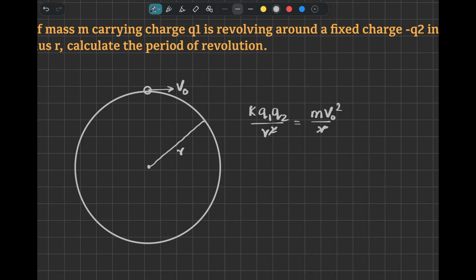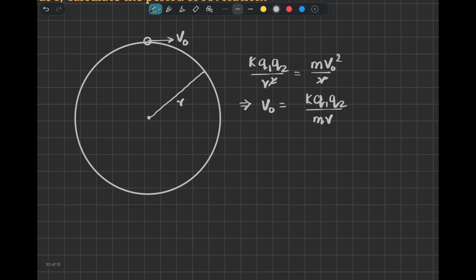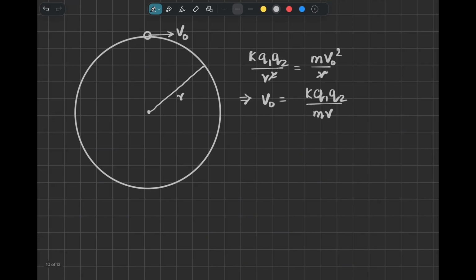So from here R gets cancelled out. I get V naught to be root of K Q1 Q2 by mR. So this is V naught. Now for time period of revolution, the total distance to be covered is 2 pi r.